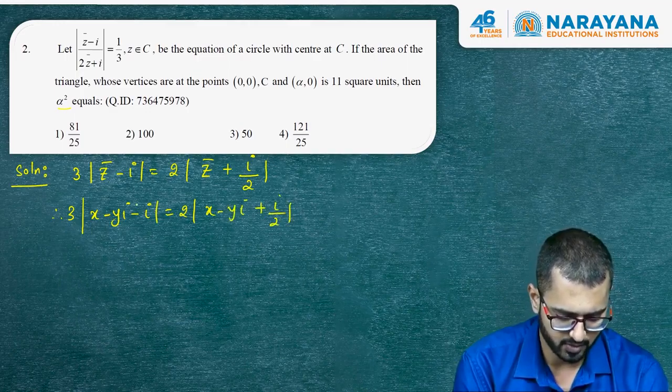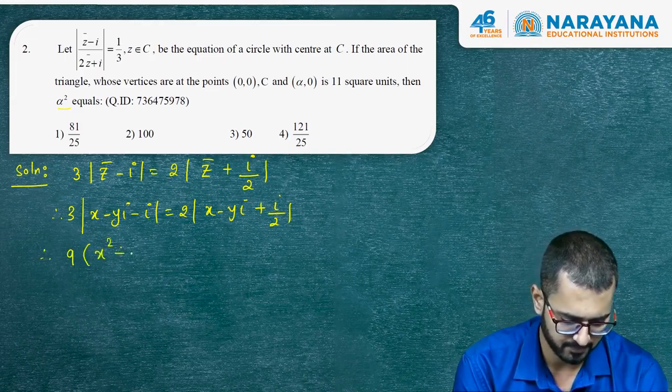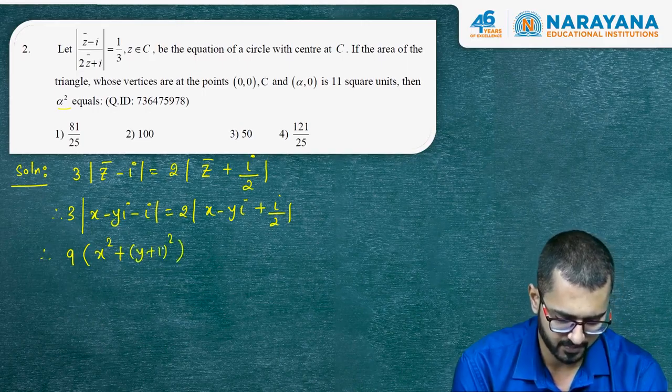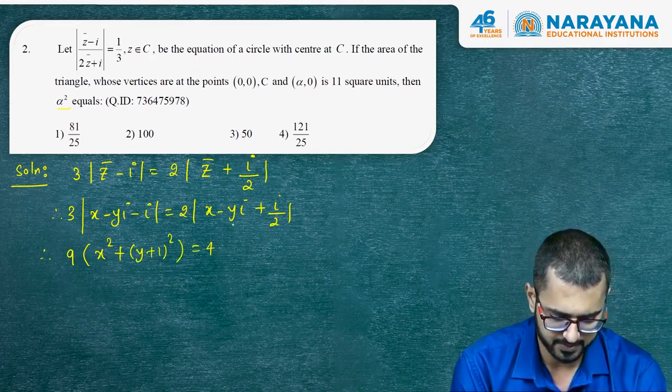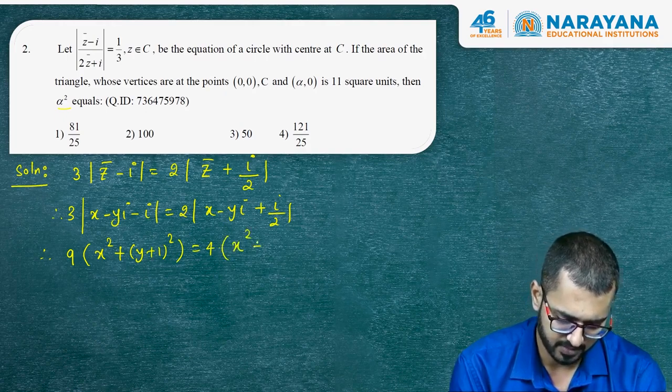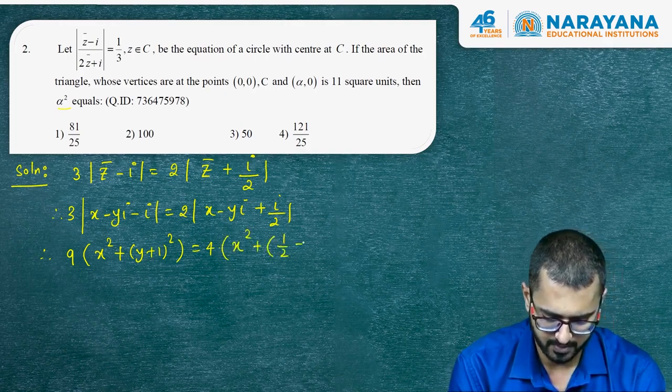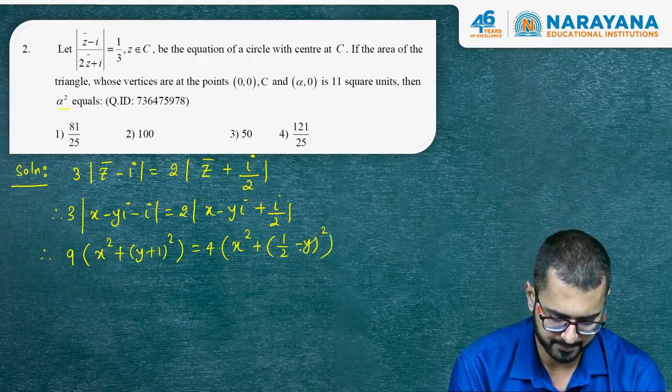Now we are finding the modulus of this and squaring simultaneously. So I'll have 9 times x square plus y plus 1 whole square equal to 4 times x square plus 1 by 2 minus y the whole square.